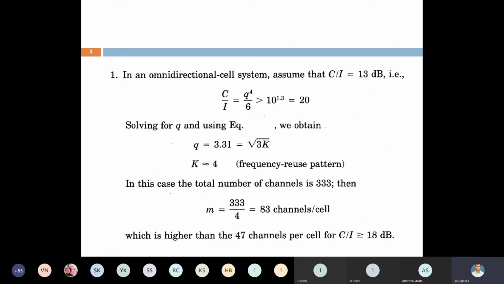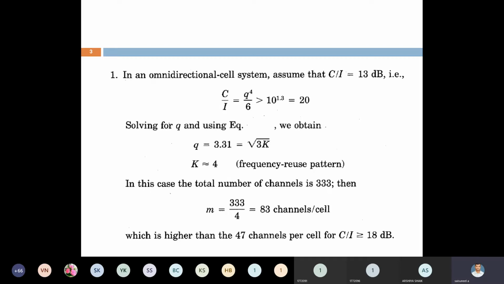K equal to 4. Suppose we are given the AMPS system, and we take block A, which contains 333 channels. The number of channels for each cell is M equal to 330 divided by 4, that is, 83 channels per cell.